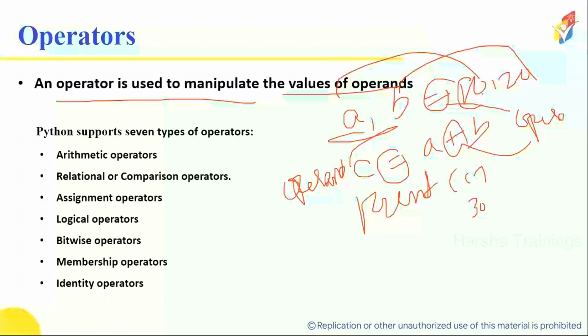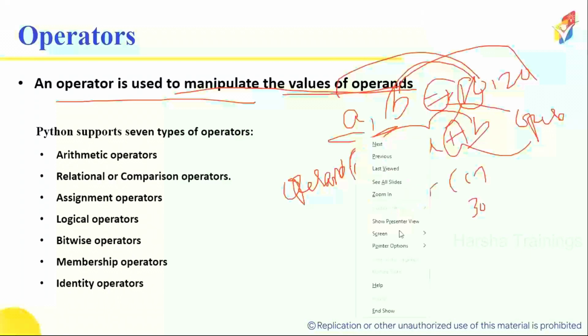I'm assigning a value from right to left side. Here I'm adding the value of B with A and assigning it to C. I'm using operators such as plus and equal to to manipulate the values of operands. Earlier, I had value 10 for A, 20 for B. Now, I have value 30 for C. Clear? Can you please respond?